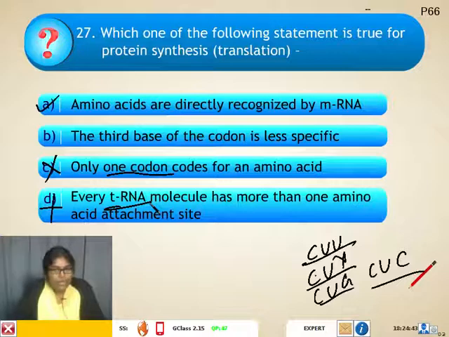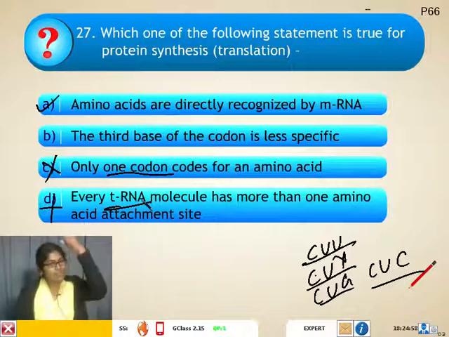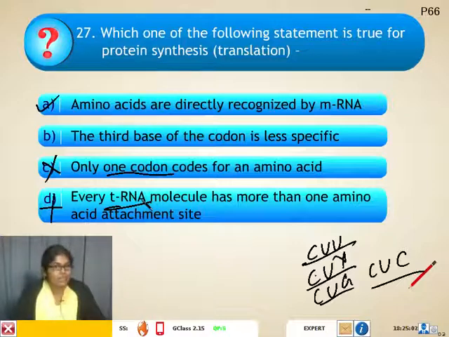Yes, the amino acids which are present in the cytoplasm cannot directly recognize mRNA. So they need an interpreter. And that interpreter is tRNA. So this tRNA will get the amino acid to the protein synthesis site. So again, option A is wrong. So amino acids are not directly recognized by mRNA.